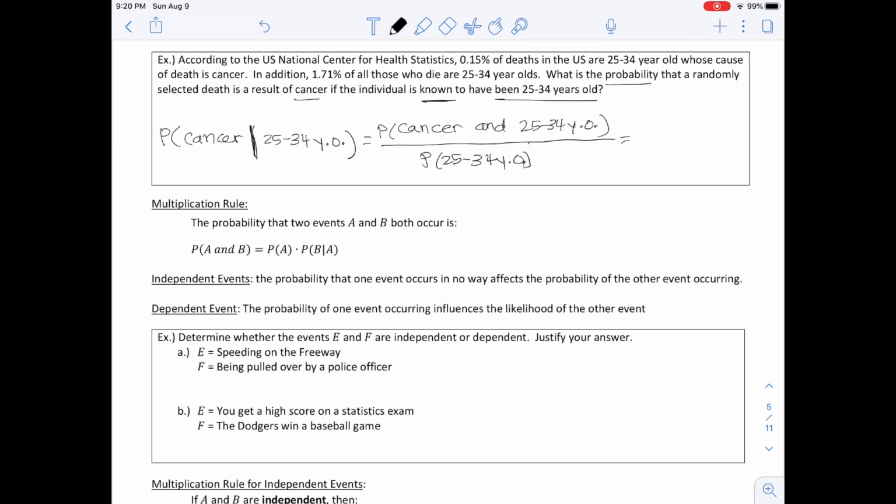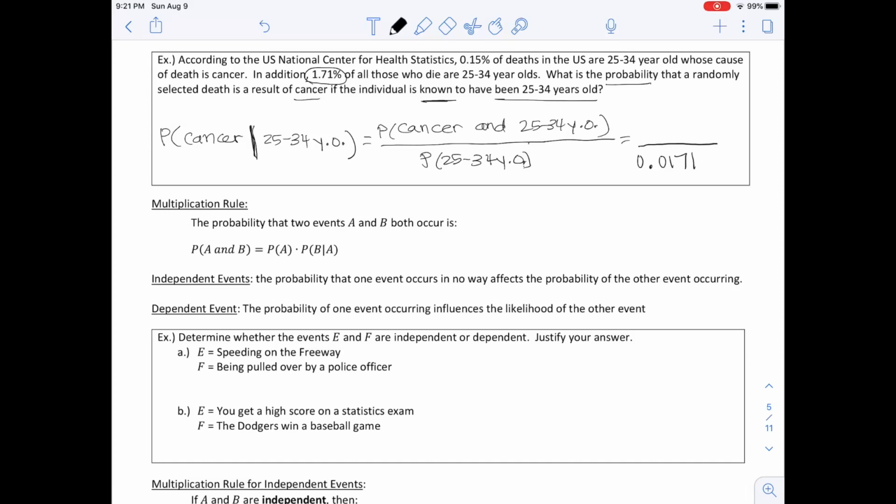So the probability that they're 25 to 34 years old and they've passed away is going to be that 1.71%. And we need to write that as a decimal, so move your decimal to the left twice. We're going to get 0.0171.